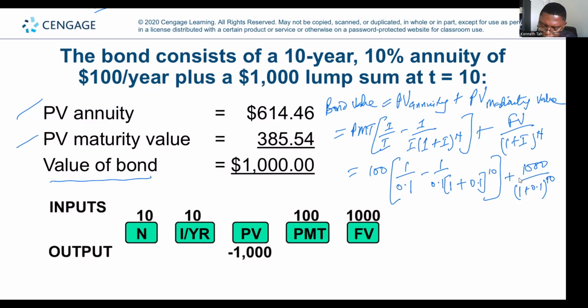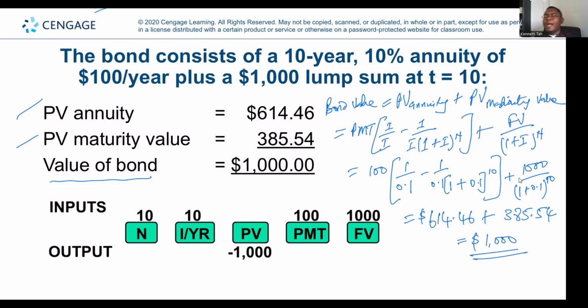So if we do this, we are going to have 614.46 plus 385.54. We add all of that, and that is going to give us $1,000.